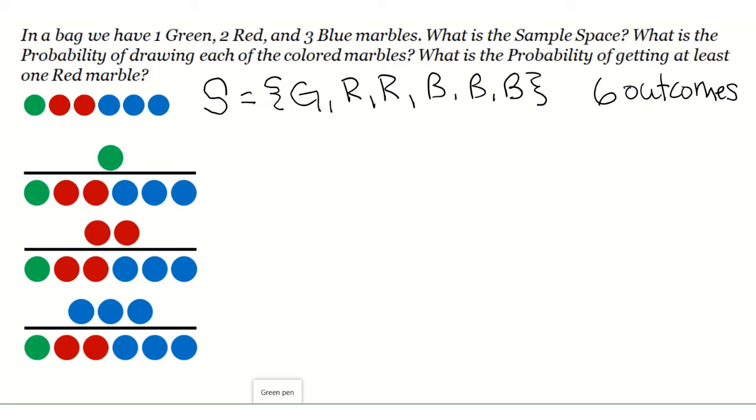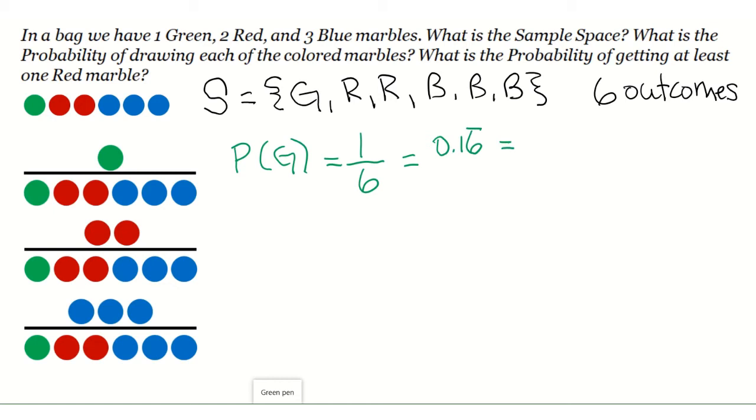So this first one is going to be the probability of drawing a green marble. I have 1 green marble in my bag, so I have 1 possible outcome for the green, and I'm going to divide it by the 6 total possible outcomes. When I do that division, it's going to give me a decimal of 0.16 with a repeating 6.